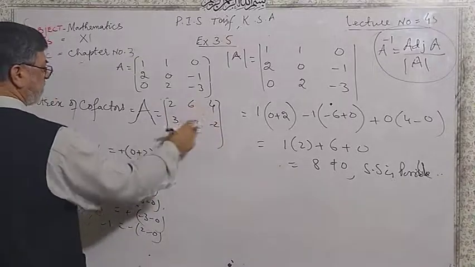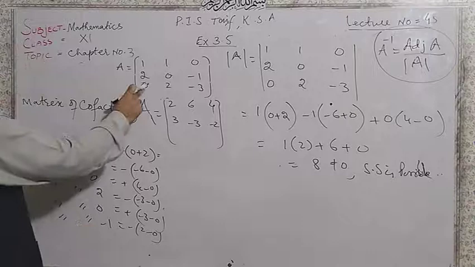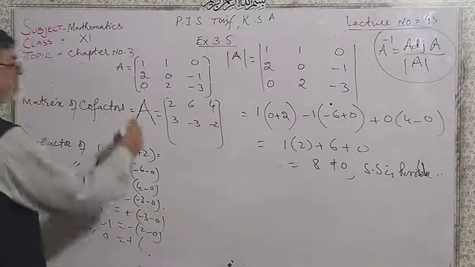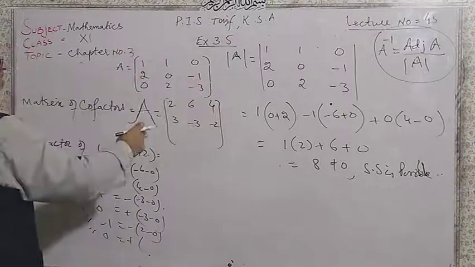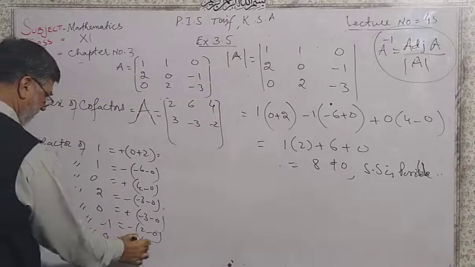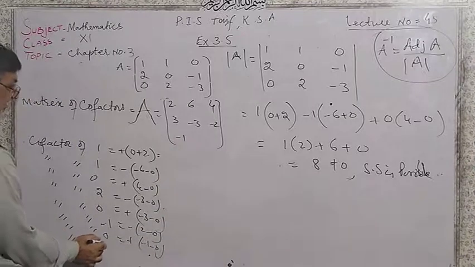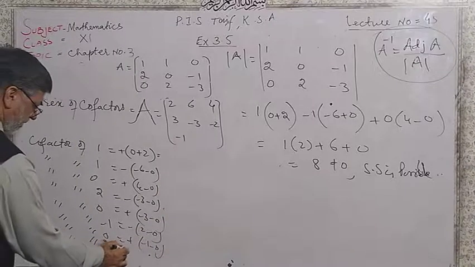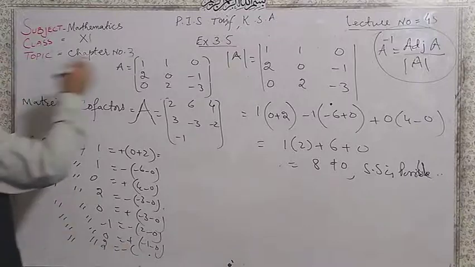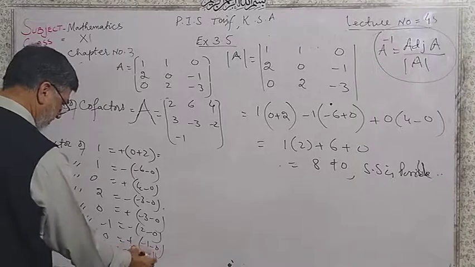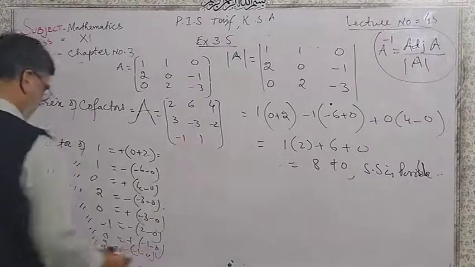Plus, minus, plus, minus, plus, minus. And again cofactor of 0, plus, remove this row and column, AD minus BC. Minus 1 minus 0, that is minus 1. Cofactor of 2, minus into, remove this column and row, AD minus BC. Minus 1 minus 0, that is plus 1.